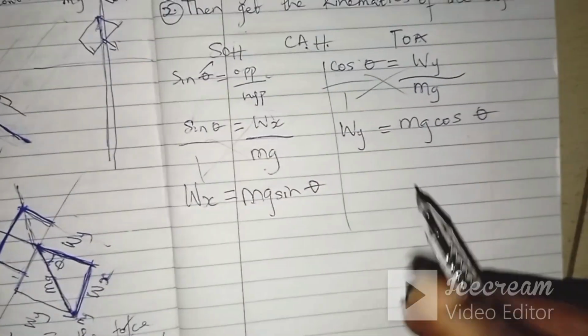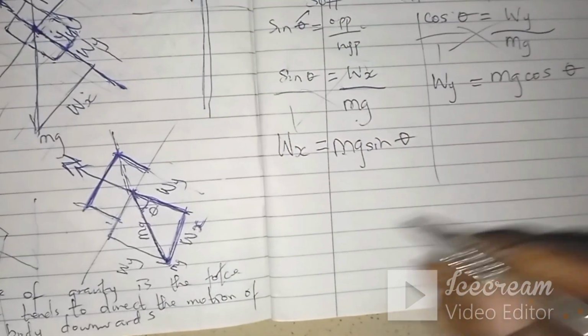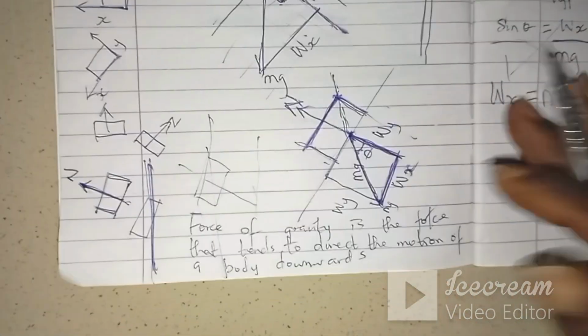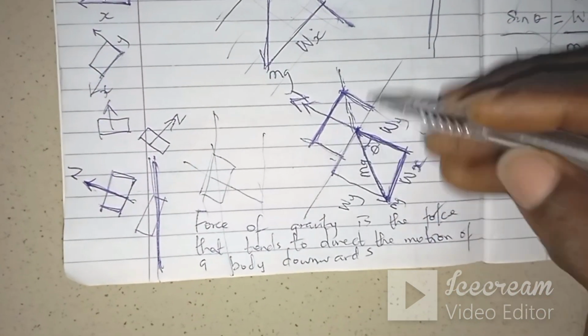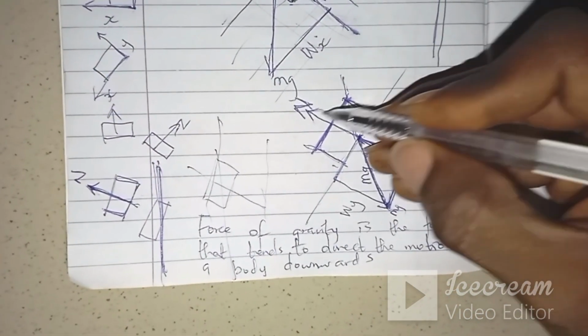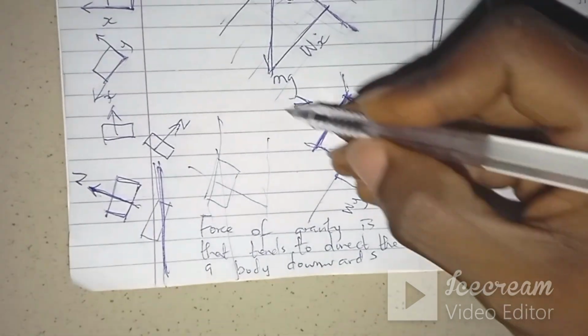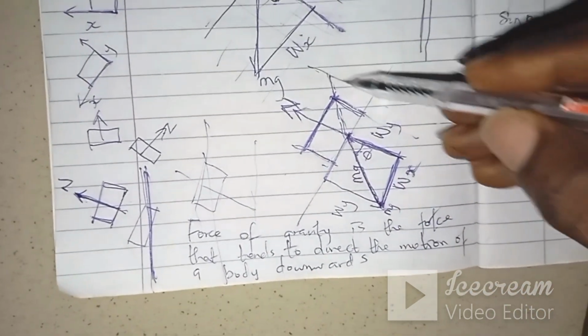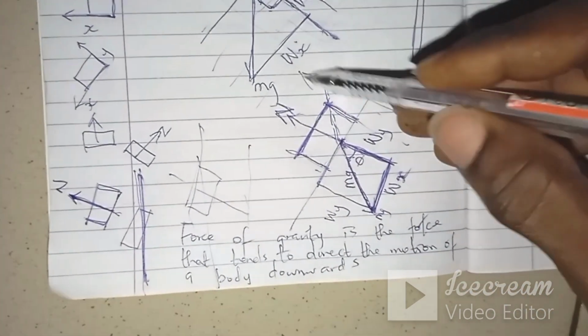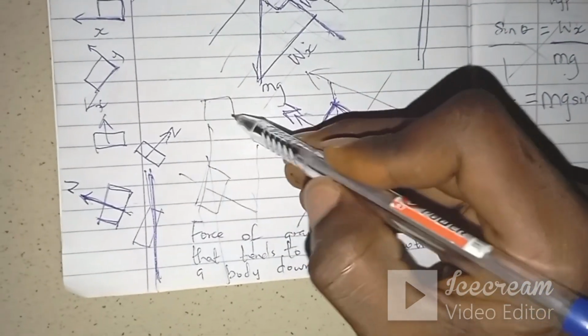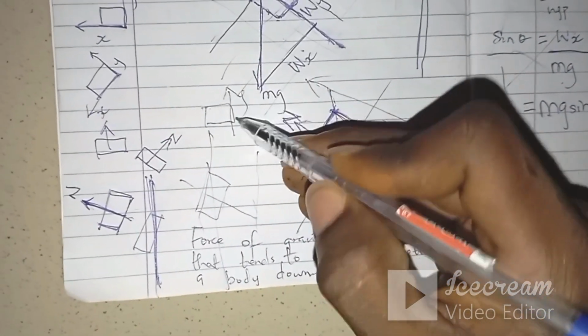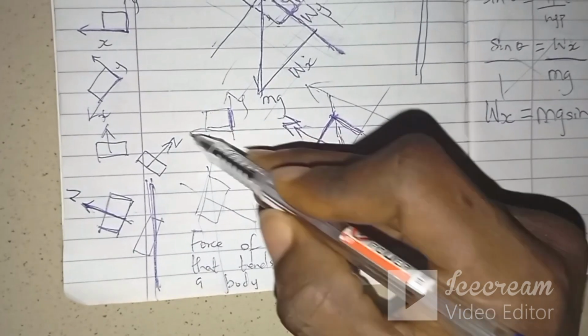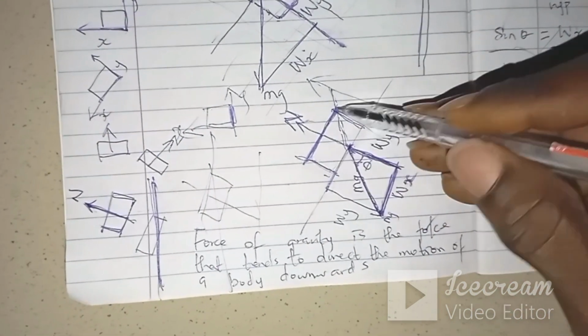Which means that we can now come and check. As I have this thing here, let's check what forces are acting on the y-axis. Since we know that everything this side is the y-axis, if you turn it to be at an angle, you can see that this is the y.